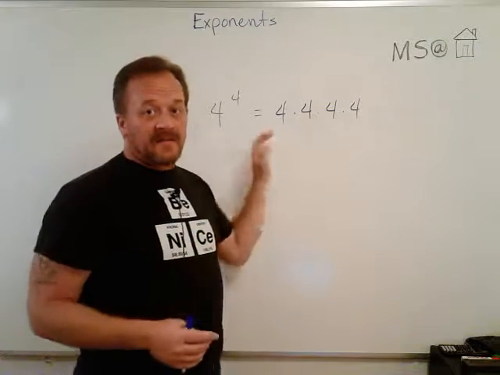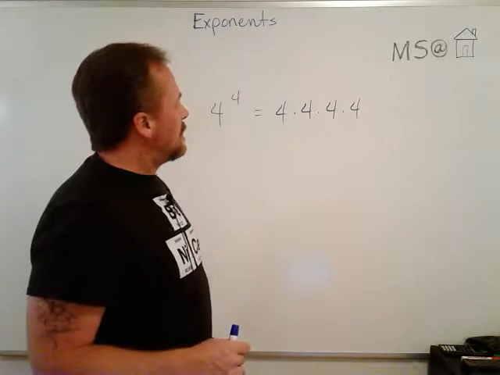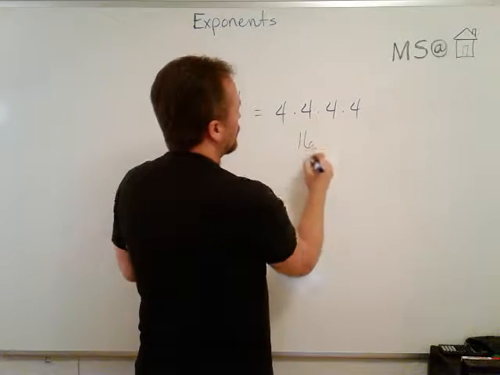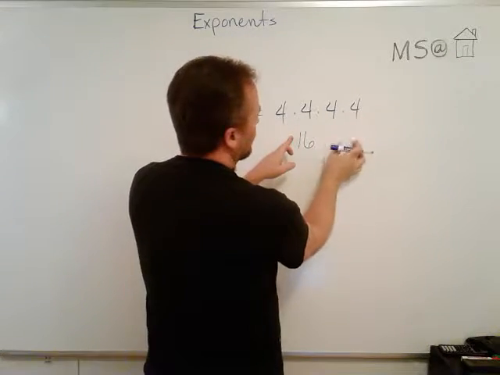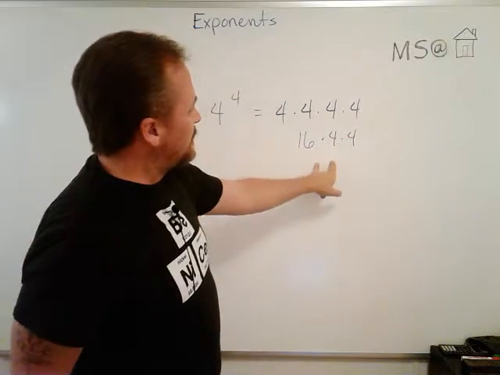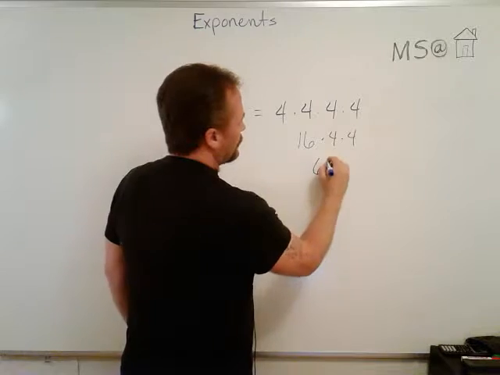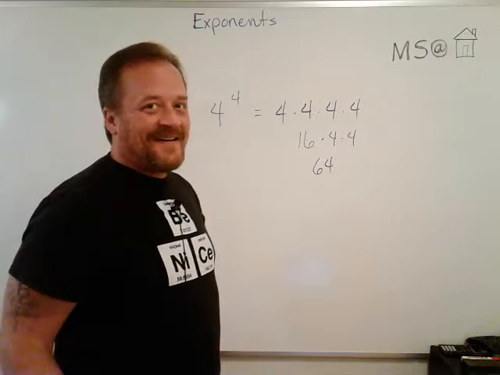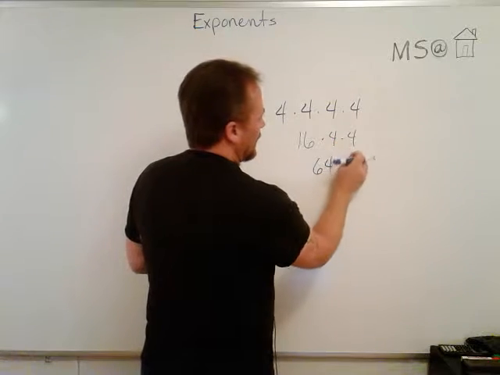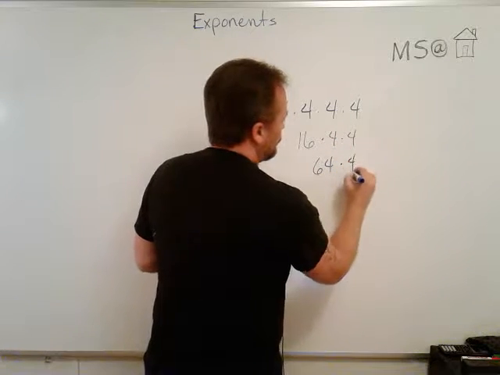This is going to get big. Can you see that? What's 4 times 4? That's 16, right? So I'll bring these two down and then multiply by 4 and by 4 again. Now what's 16 times 4? 64. See, it's going to get a lot bigger than just 16, right? So bring down the 4 I haven't used yet.